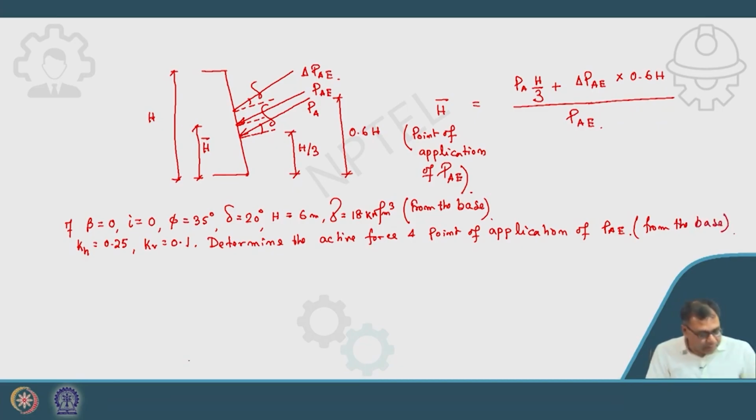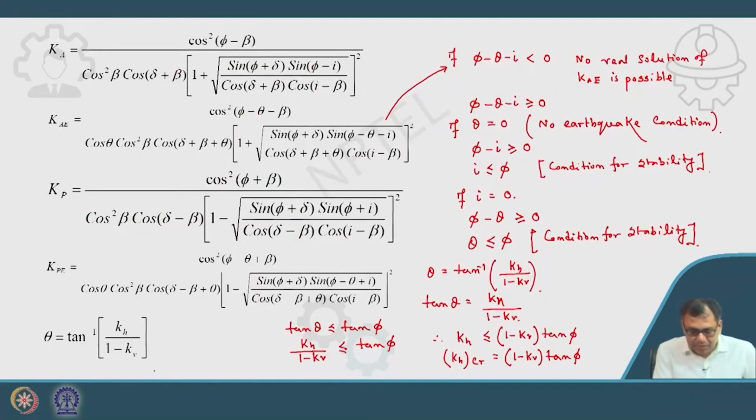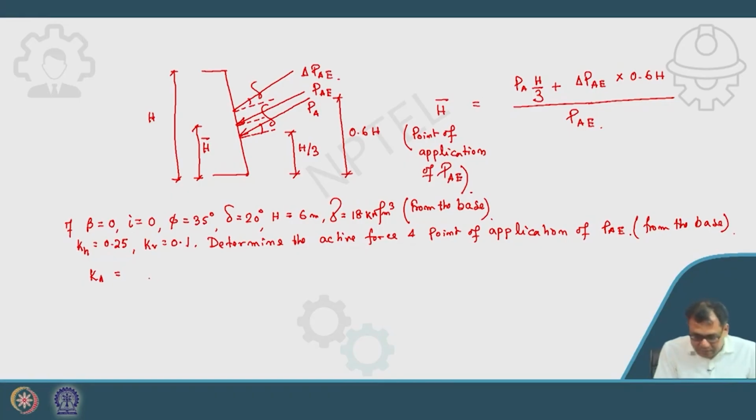So first I will calculate the Ka because that is required. This is the expression of Ka. I am putting in these values: cos square of phi minus beta, phi is 35 degree, beta is equal to 0. Then cos square beta, again beta is 0. Then cos of delta plus beta, delta is 20 degree, again beta is 0.